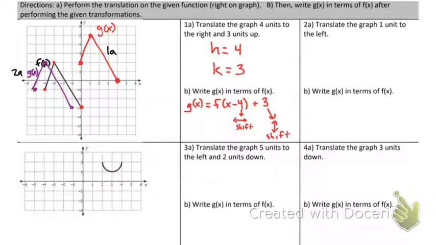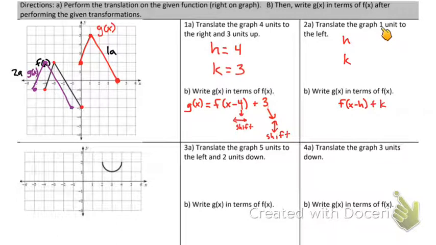All right, so let's write our function in terms of g of x. So again, we have f of x minus h plus k. So we have to fill in the h and k. The h is our left and right shift. k is up and down.